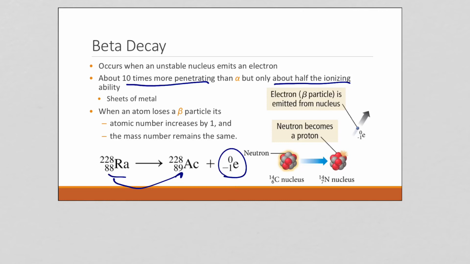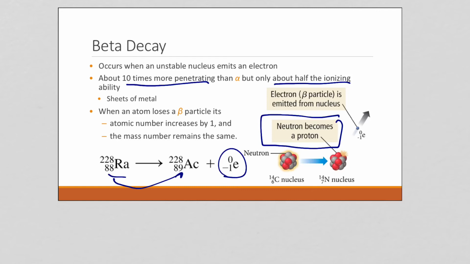So a really good way to think about a beta decay is not only loss of a beta particle, but structurally in the nucleus, one of the neutrons turns into a proton. If you think about a neutron, it has a mass of 1 and no charge. If we take that neutron and take away a negative charge, all of a sudden that neutral particle is now positive. We've thrown off the balance.